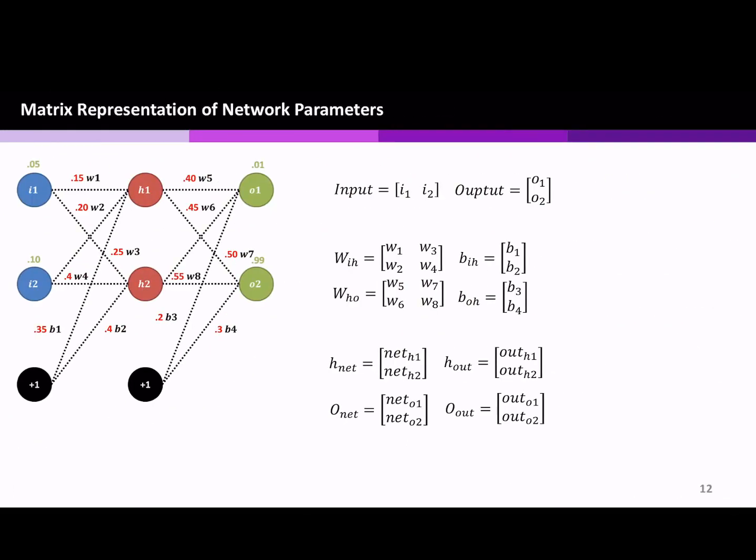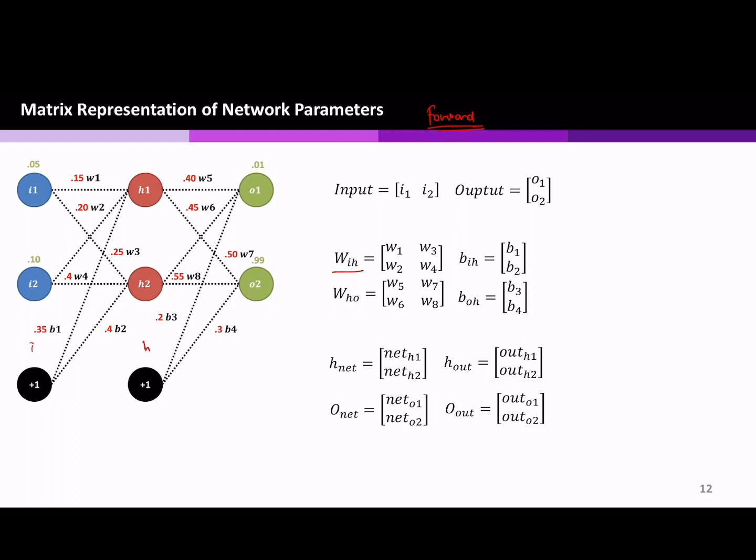For instance, this one is the forward propagation. We can define the input and output of each weight parameter as a matrix, not a network. For instance, here W_IH means the input and first hidden layer.